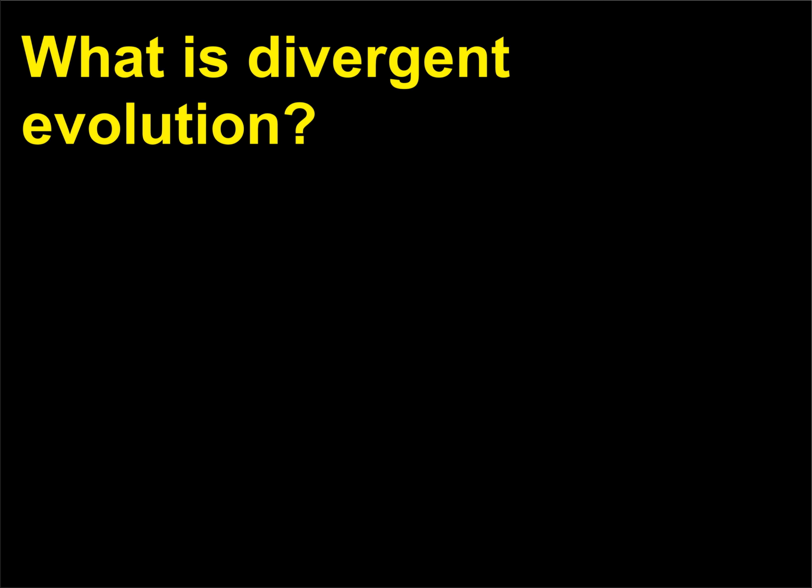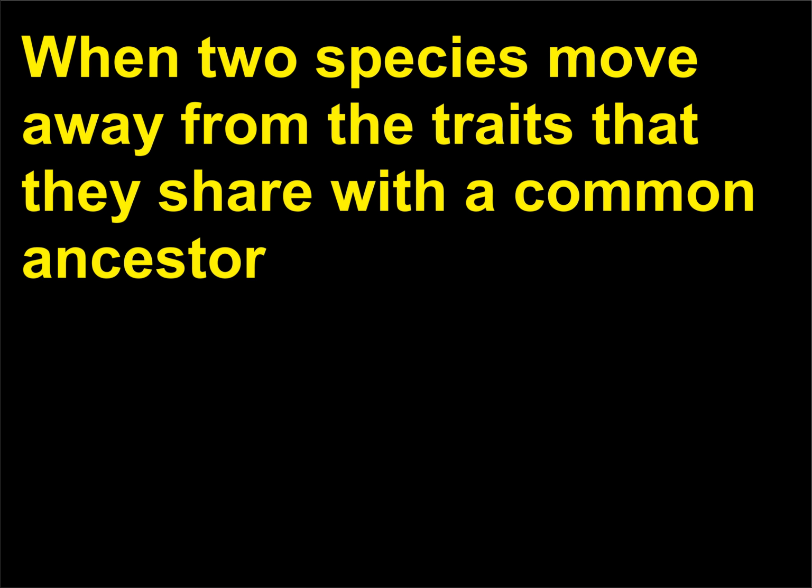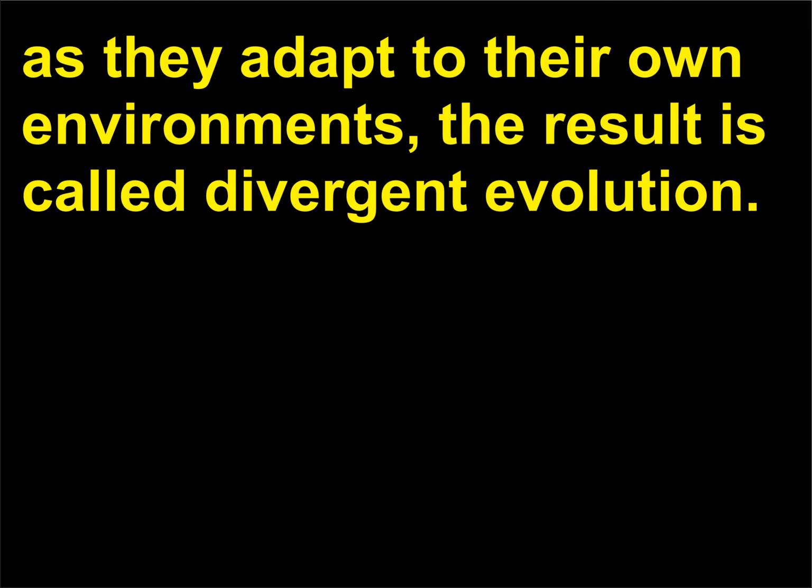What is divergent evolution? When two species move away from the traits that they share with a common ancestor, as they adapt to their own environments, the result is called divergent evolution.